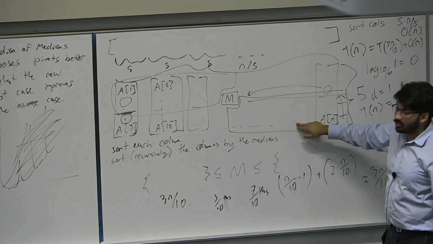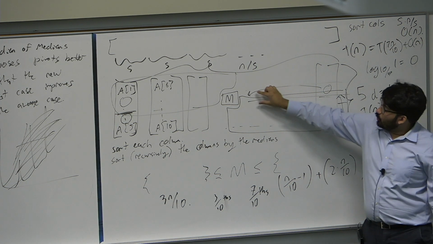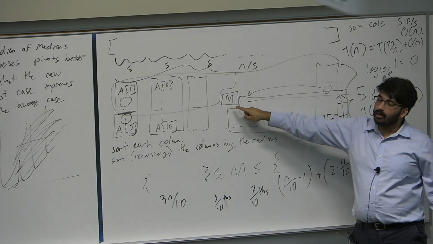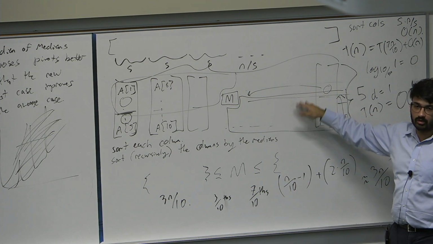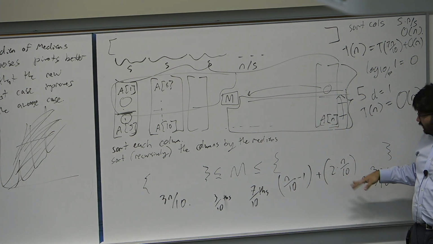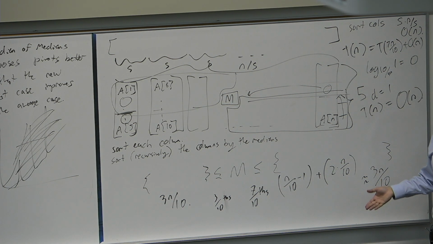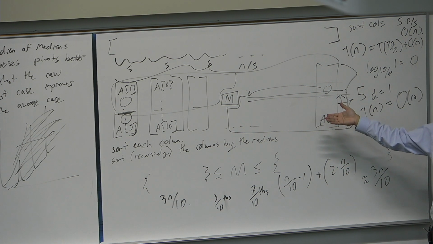So 2 n over 10s. Then here, we have an n over 10 minus 1, because we have the median, suppose it's odd. So the sum of those 3 rows is approximately 3 n over 10. If you said a quarter, I'd forgive you. It's a quarter of the elements.